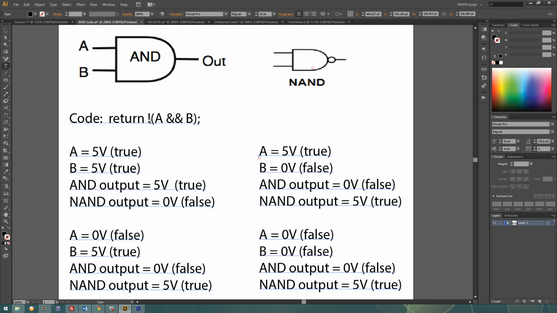The same goes for all three of these cases. If this was true and this was false, then using an AND gate, we know that this would be false, but if we wanted a NAND output, we have the exclamation point, so it's going to be true. You can probably stop this video and go through all the scenarios yourself, but I won't bore you to death, so we're going to move on to a NOR gate, which is basically the same concept.